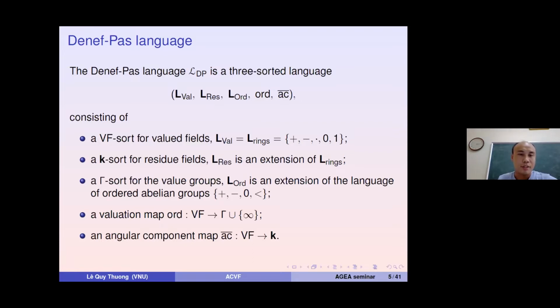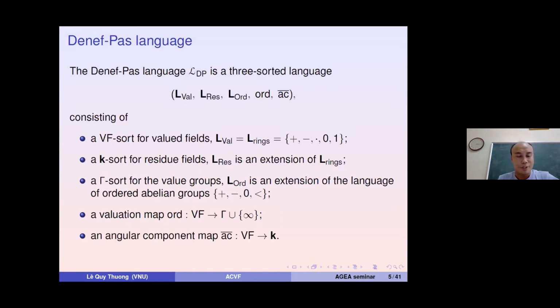And the K sort for residue fields, we use an extension of the language of rings, and the Γ sort for value groups, we use an extension of the language of ordered abelian groups, and two more symbols ord and ac-bar.